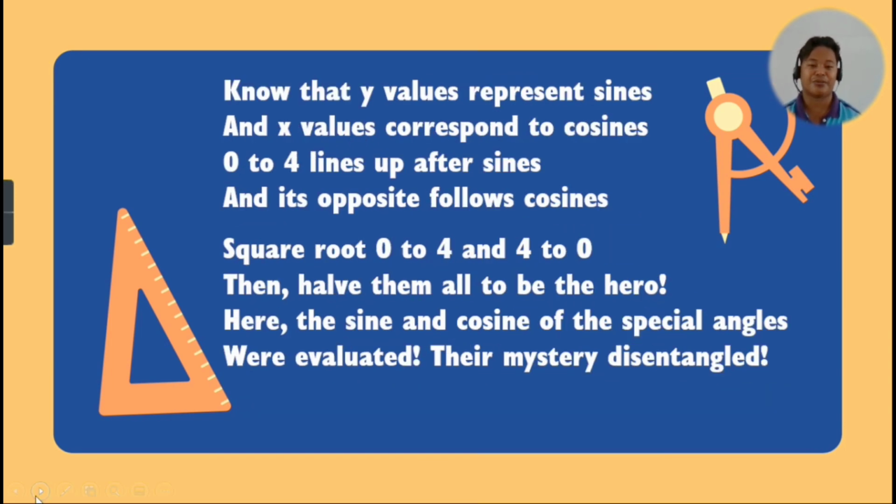Know that y values represent sines, and x values correspond to cosines. 0 to 4 lines up after sines, and its opposite follows cosine. Square root 0 to 4 and 4 to 0. Then have them all to be the hero. Here the sine and cosine, the special angles, were evaluated, their mystery this angle.